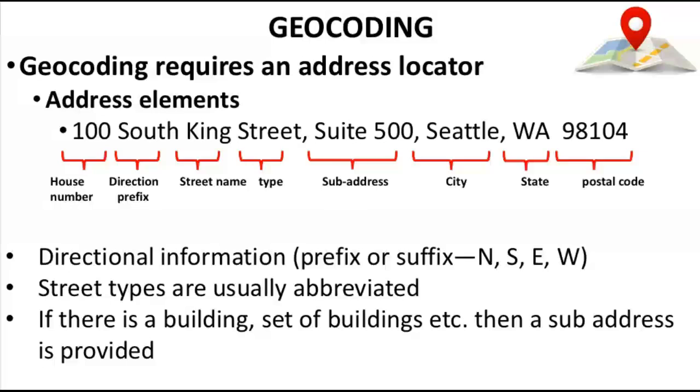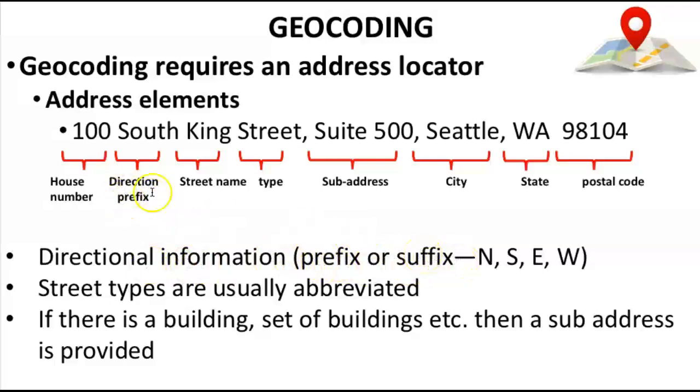As part of the elements of an address, there are several which we should take into account. For example, we usually think about the house number, the street, and the city, state, and zip code. However, there are more components that we should take into account when planning an address locator. In some cases, you will also have directional information in the prefix or in the suffix.